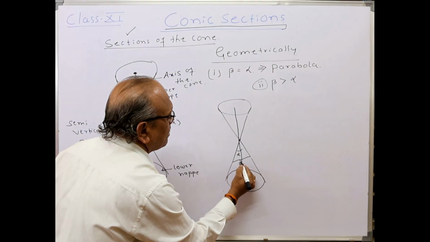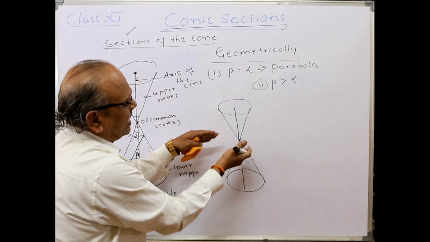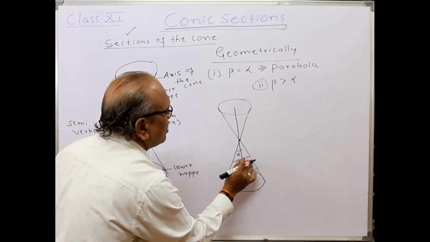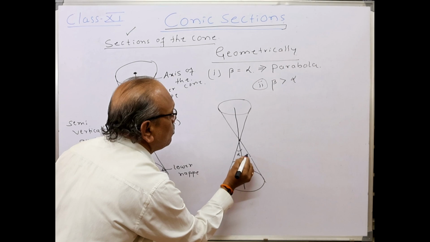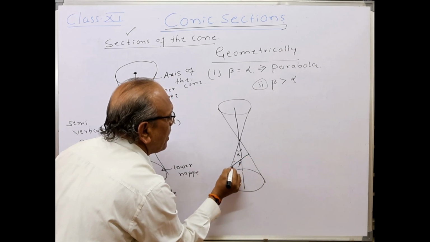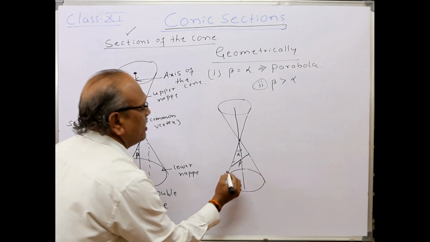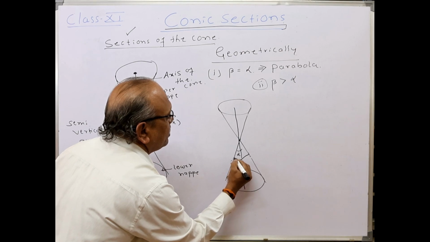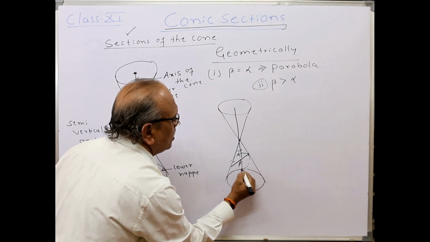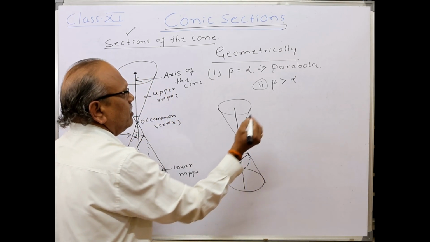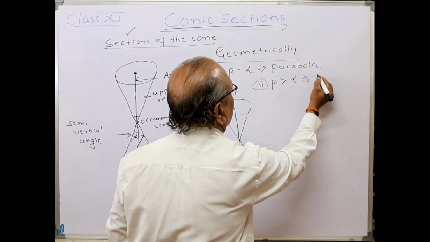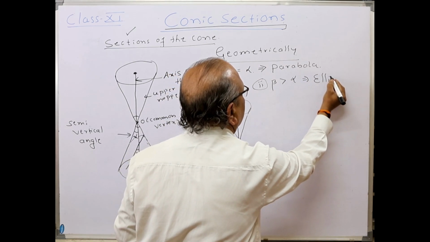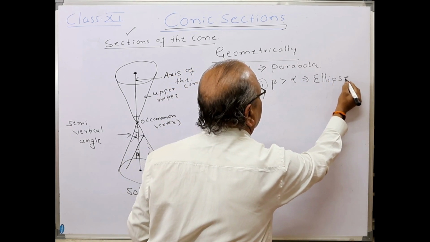Say this is beta. And if you slice it at an angle beta greater than alpha, not equal to 90 degree, remember, then whatever portion of the double cone you are left with will have the elliptical shape. Therefore, the second section of the cone is ellipse.